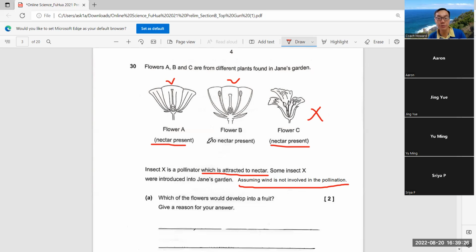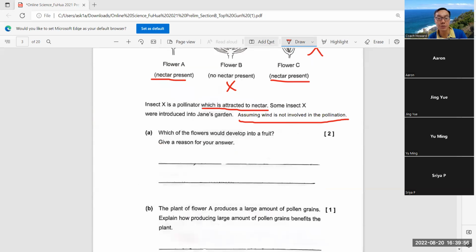You say attracted to nectar, so this is out because no nectar is present, and because we assume that no wind is involved in pollination, the answer is very straightforward. It is flower A, because it has female reproductive parts, or you can say because it has the stigma and also has nectar which attracts the pollinators. So when flower A is pollinated, fertilization will take place. This will be the answer.